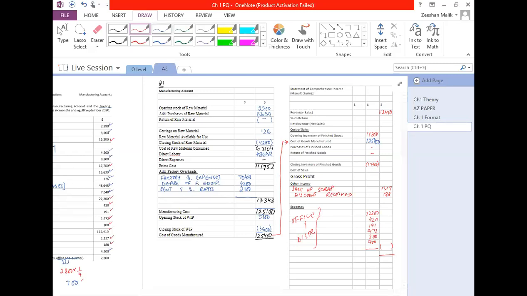Cost of raw material calculation is here. 290015. There may be calculation mistake in it. You may check the calculation yourself.